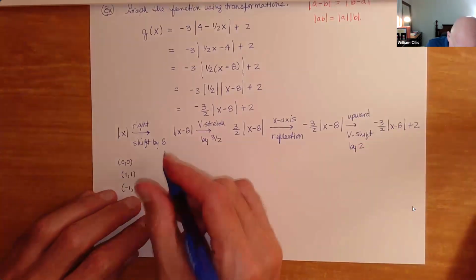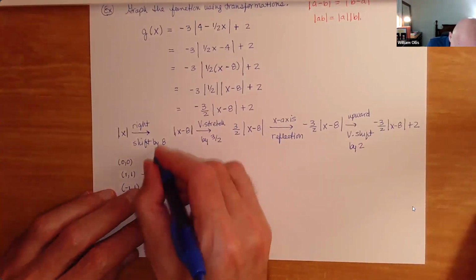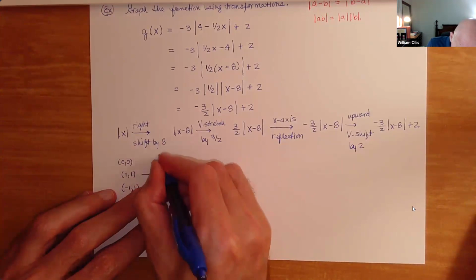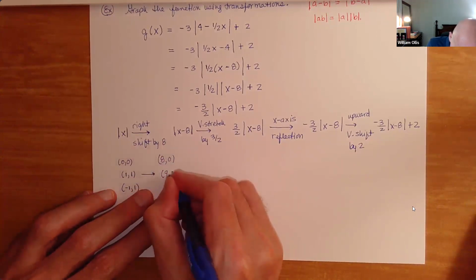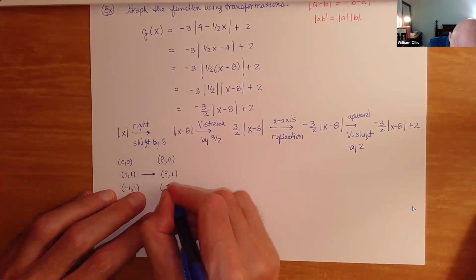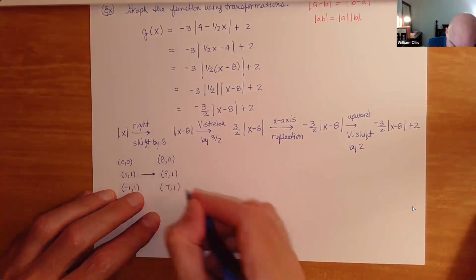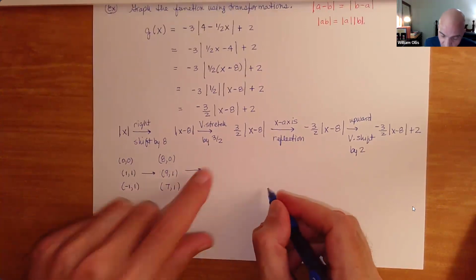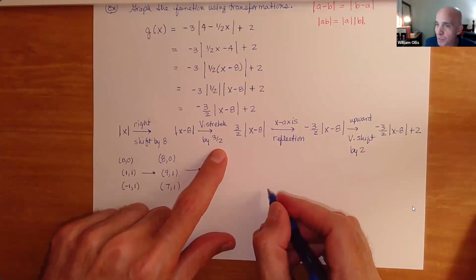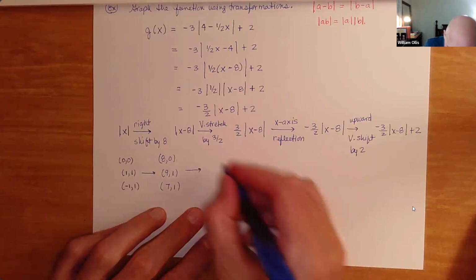So now let's go ahead and do the right shift by 8. So this will be adding 8 to all the x coordinates: 8, 0, 9, 1, and then of course 7, 1, just adding 8 to negative 1. And then a stretch by 3 halves. All of the y coordinates get multiplied by 3 halves.